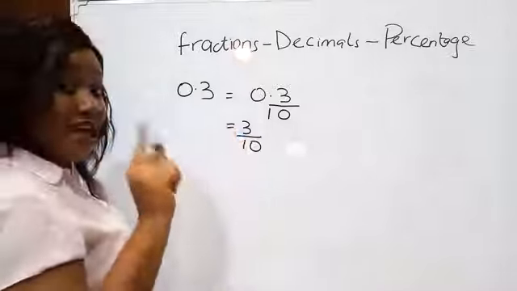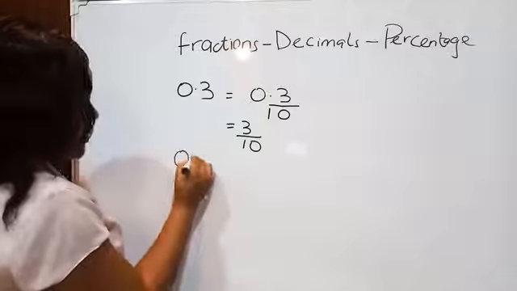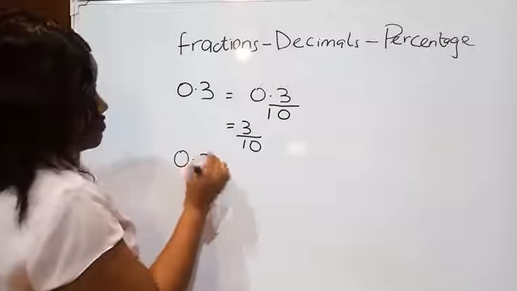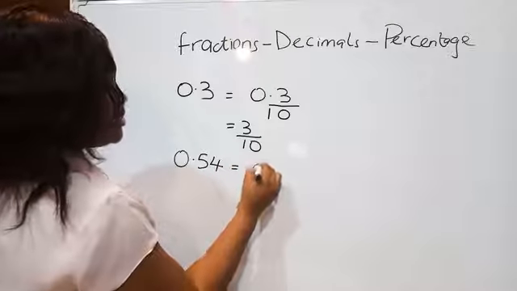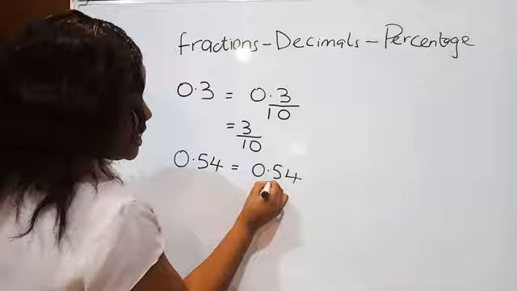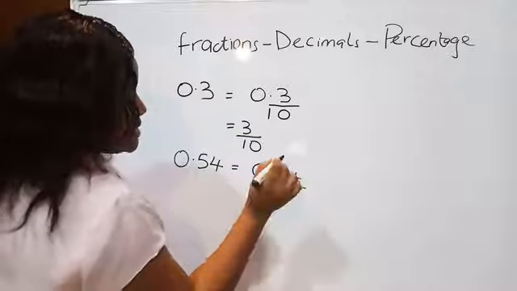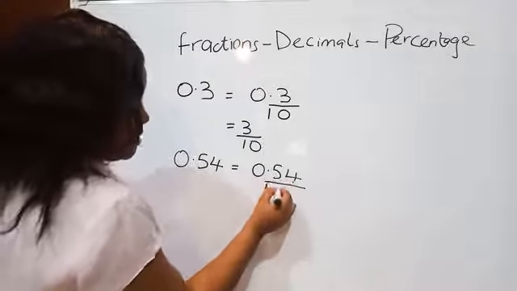Voila! Let's try another example. We have something like 0.54. Simple. You start from the decimal point, very important. Under the decimal point, you put 1. Under this number, you put 0.